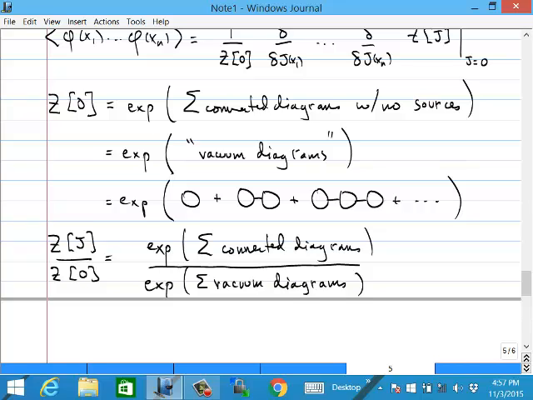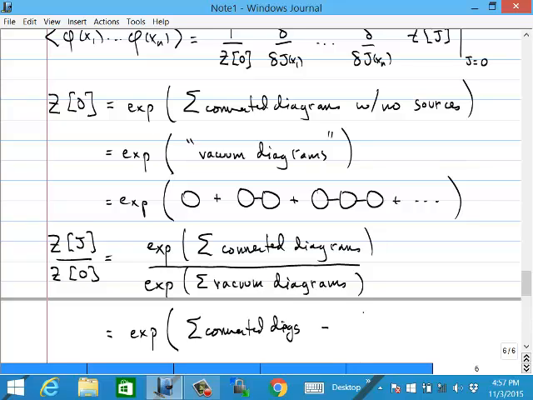And the ratio of two exponentials is the exponential of the difference. So that's the exponential of the sum of connected diagrams minus the sum of all of the vacuum diagrams.